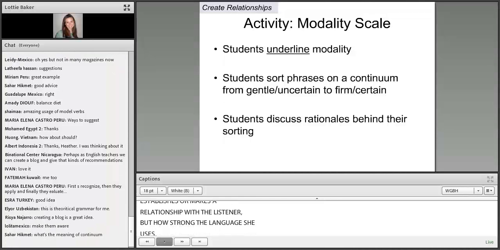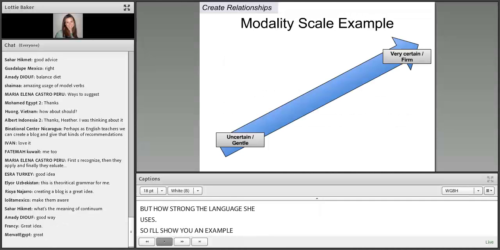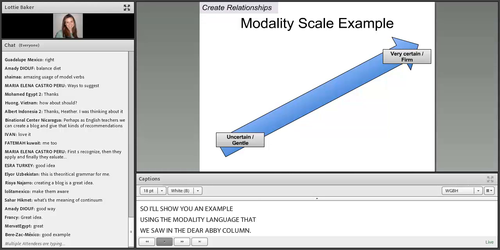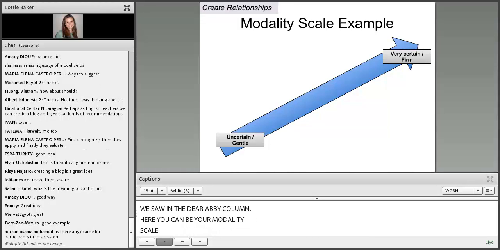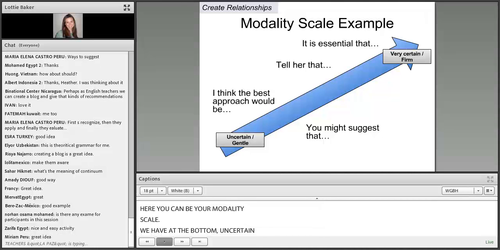So I'll show you an example using the modality language that we saw in the Dear Abby column. So here is the modality scale, and we have at the bottom uncertain or gentle, and here at the top, we have very certain or firm.